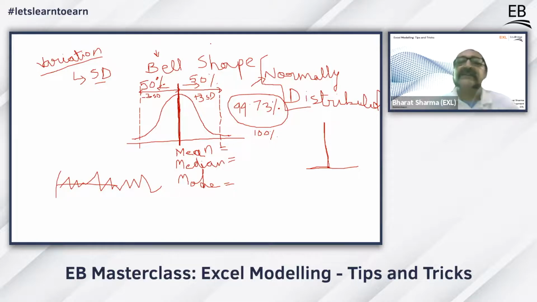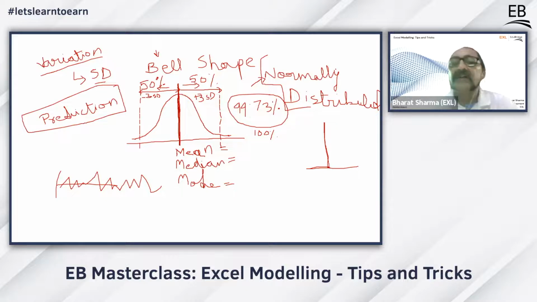Now, what does this help us apply in the model is the prediction part, because that is what we are predicting, right? This makes the predictability of your data much more accurate if your data is normally distributed.